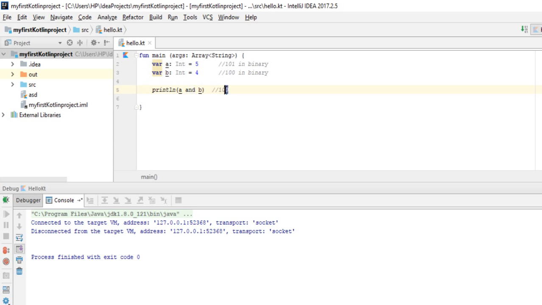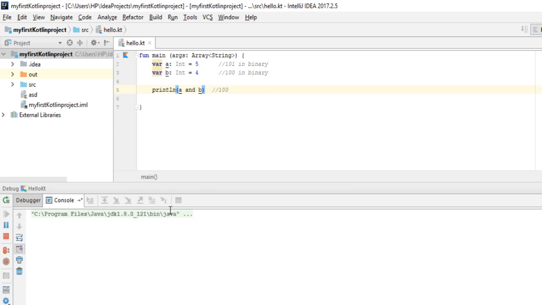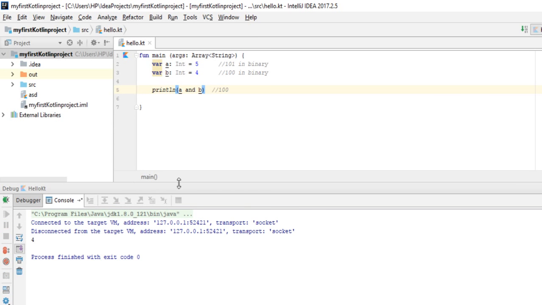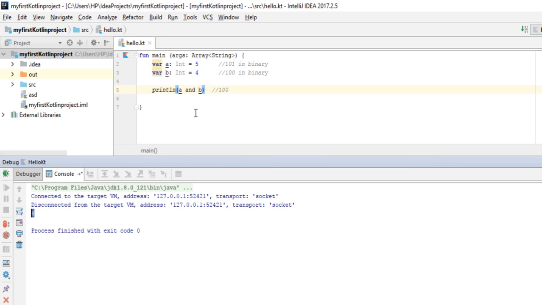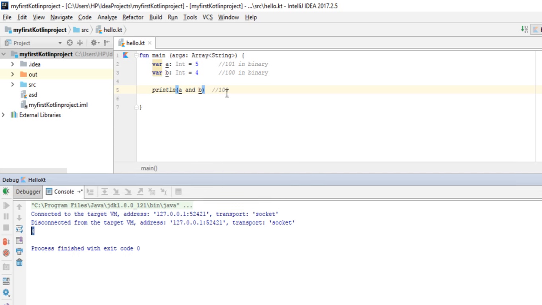Now 100 equals 4 in decimal, so we will have 4 printed on our output screen. You can see here 4 is printed. This is because 1 and 1 is 1, 0 and 0 is 0, and 0 and 1 equals again 0. So 100 is 4 in decimal.